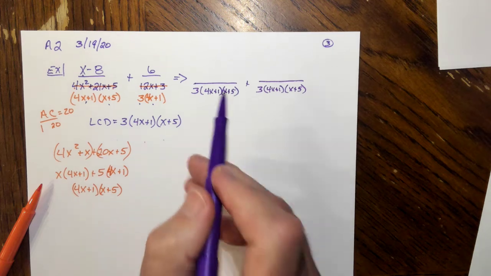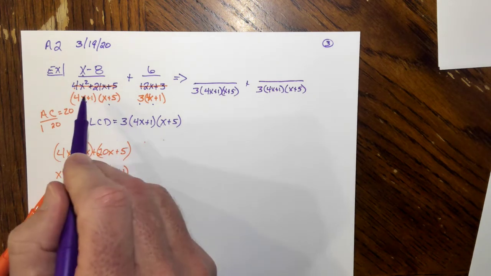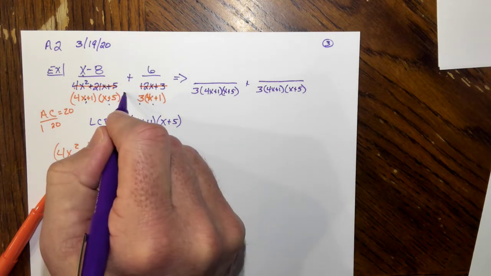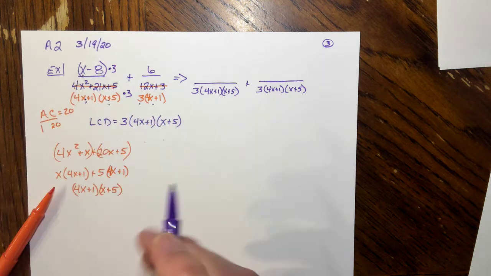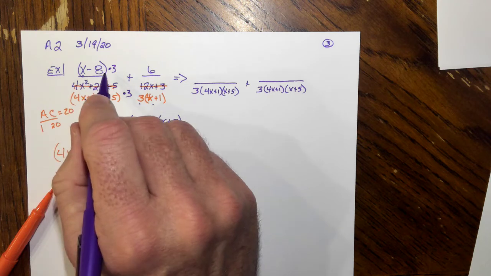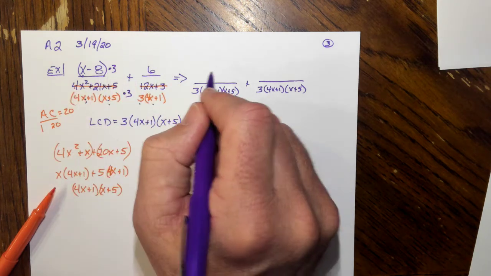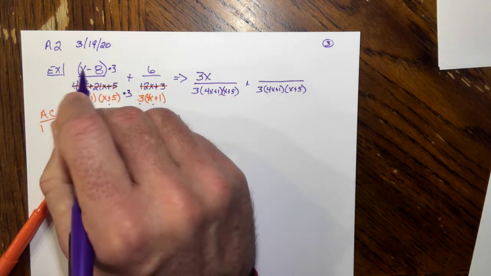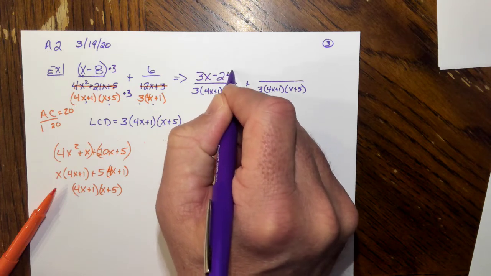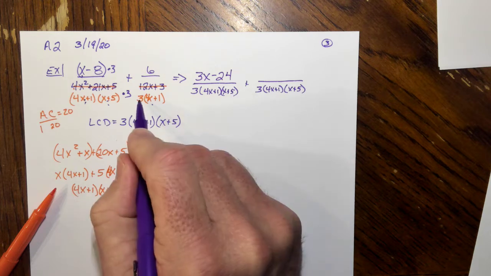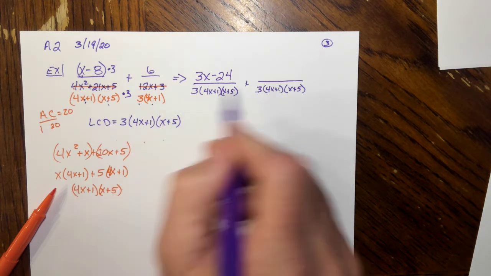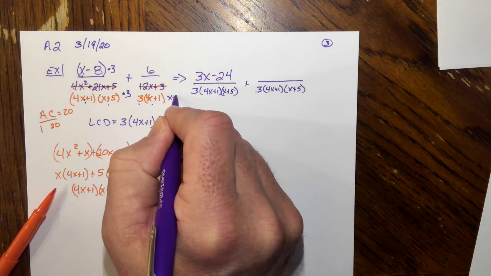How do they differ? I need a 4x plus 1, I need an x plus 5. What's different? You've got to get a 3 times all of that. So I'm going to distribute right now. Just make sure you're hitting them both: 3x minus 24. Okay, what's different over here? 3, check. 4x plus 1, check. Missing the x plus 5.